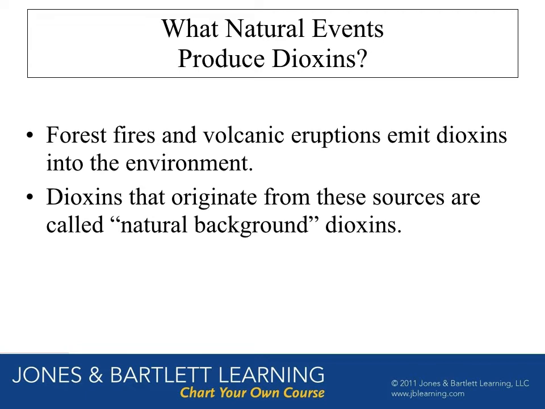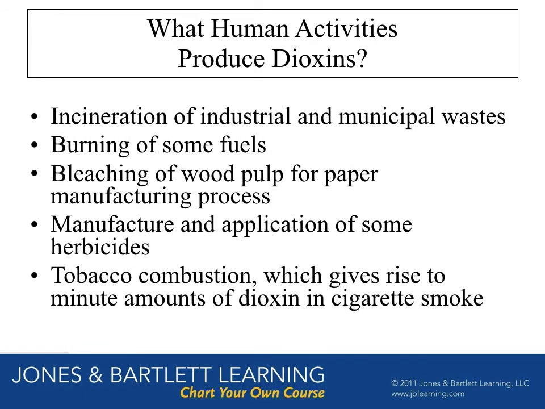Now, some of the human activities that can produce it are burning of industrial and municipal waste, burning of some kinds of fuels, bleaching of wood pulp for paper, manufacture and application of some herbicides, or Agent Orange, for example, and tobacco combustion, which gives rise to small amounts of dioxin in cigarette smoke. And so, again, these things are fairly ubiquitous, but they are also produced in greater quantities by human activity than they are by natural activity as far as it goes to dose.